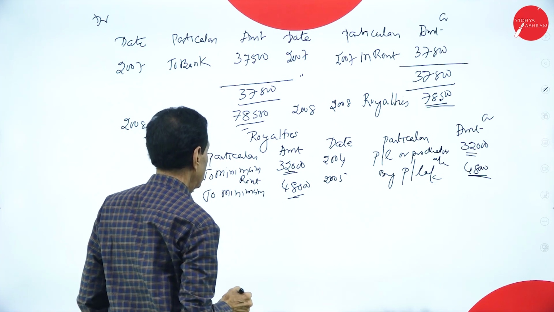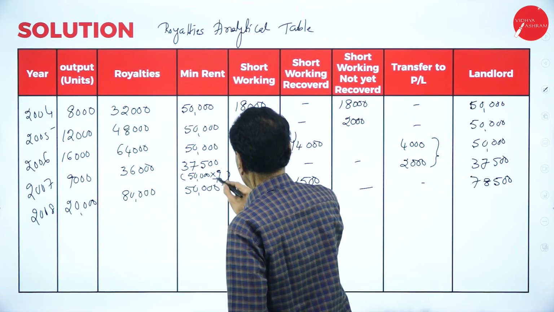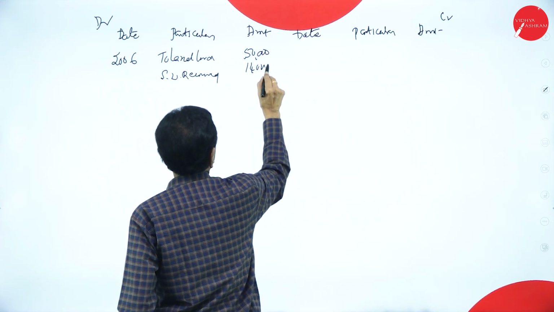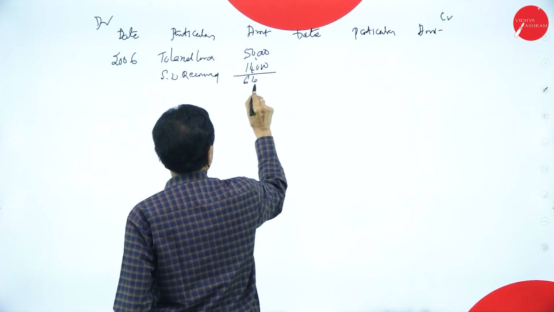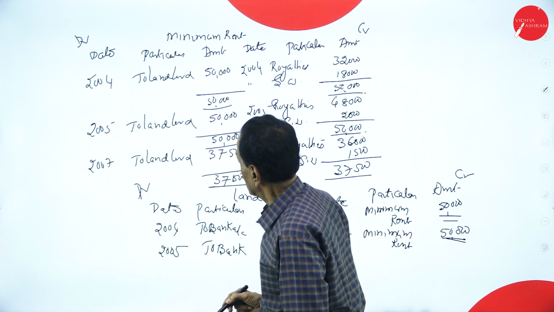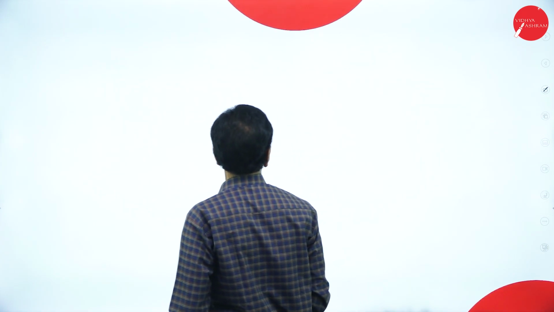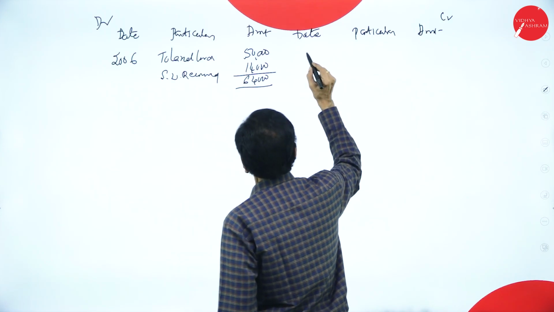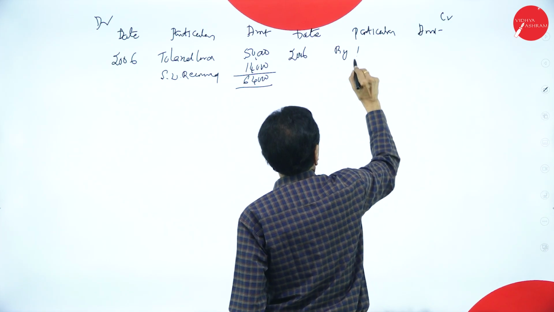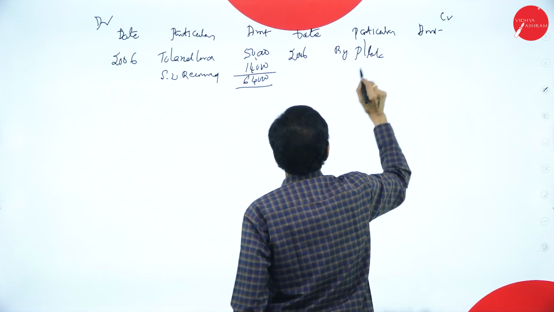How much recovered? Short working recovered 14,000, 64,000. This is your royalty transfer to P&L account, by profit and loss, 64,000.